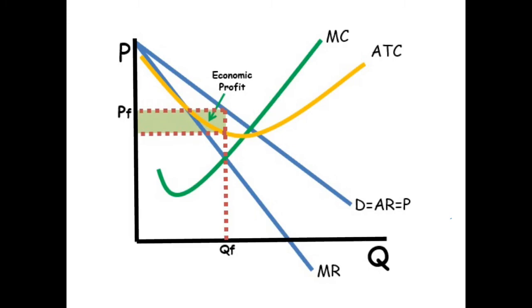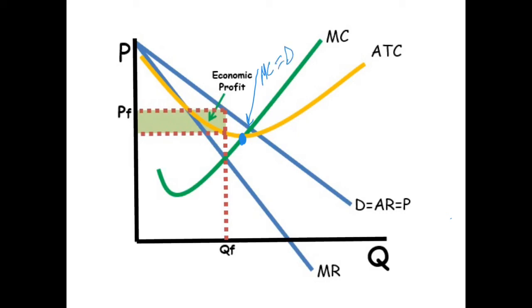Here are a few other questions that you may need to answer regarding this graph. One area would be, what would be the firm's MES? Again, the firm's MES is the point where marginal cost intersects average total cost. Secondly, and a very important point, would be where marginal cost equals demand.